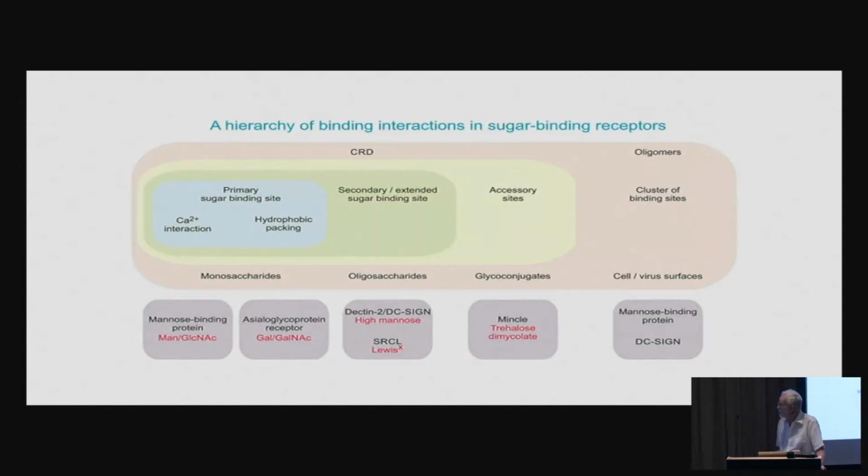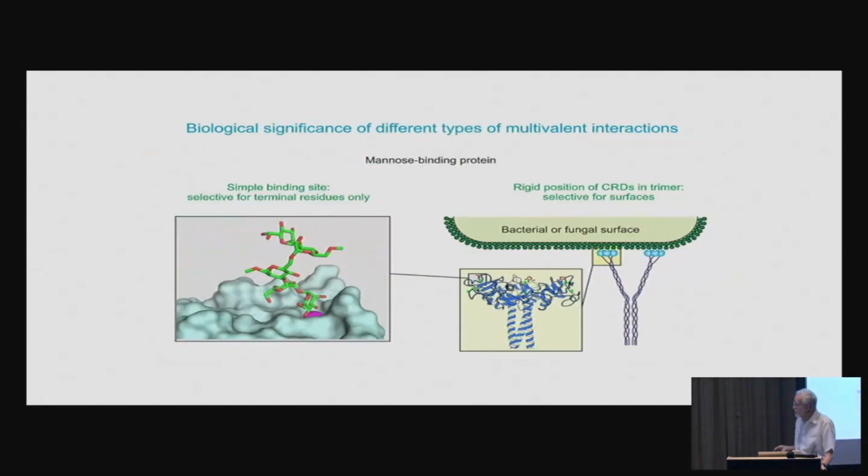And then finally, for recognition, we put together multiple carbohydrate recognition domains into oligomers, so we can cluster the binding sites. We go beyond just looking at monosaccharides, oligosaccharides, and glycoconjugates to looking at actual surfaces of viruses and organisms. And just two examples of that.